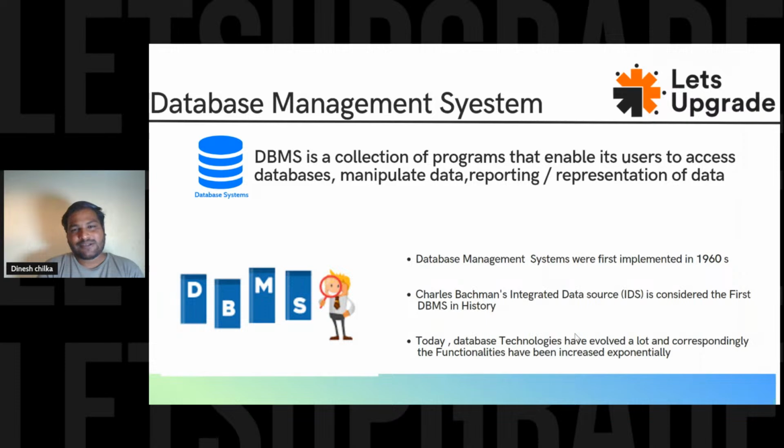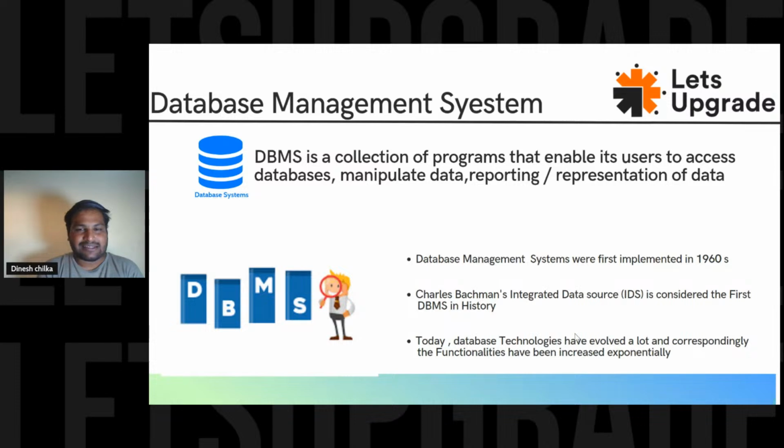Now, a database management system is a collection of programs that enables its users to access a database. You can manipulate the data or you can create reports and representations of data. Now let's try to understand a little bit of information about the history of database management. Database management systems were first implemented in 1960.